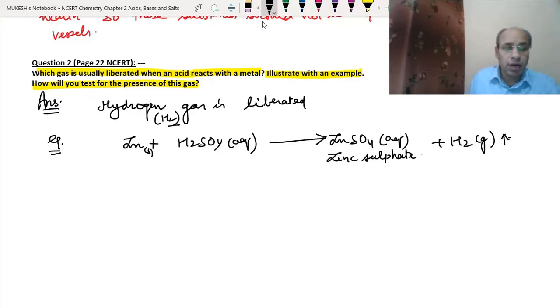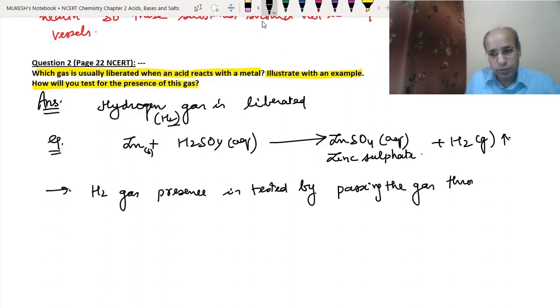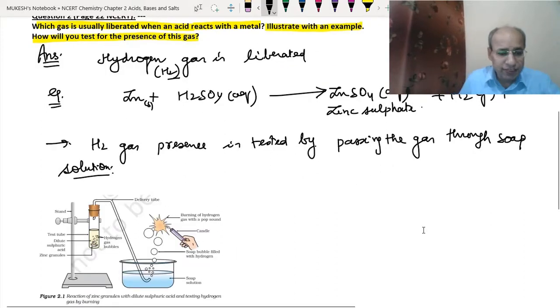Now how will we test for the presence of the gas? The presence of hydrogen gas is tested by passing the gas through soap solution. Let's say this is the apparatus. In this diagram, we have the reaction between zinc granules and dilute sulfuric acid, and we have passed this gas through the soap solution.